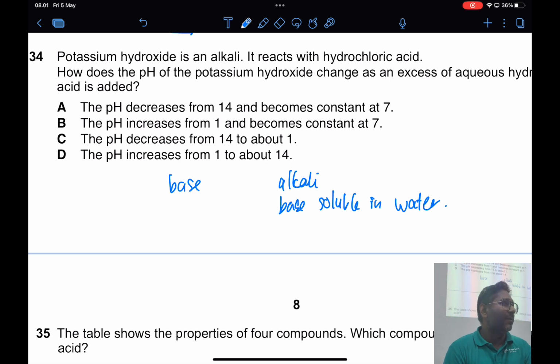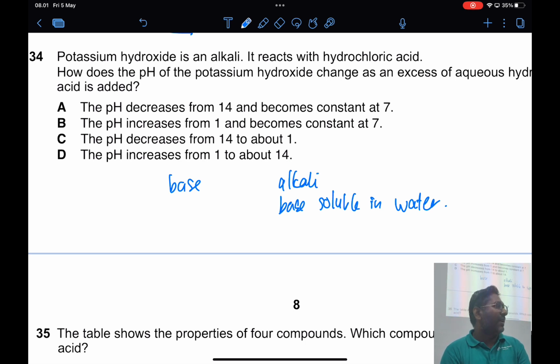What is a base? You can answer that a base is a proton acceptor, or you can say base is anything that reacts with acid to give you salt and water. There are two definitions.